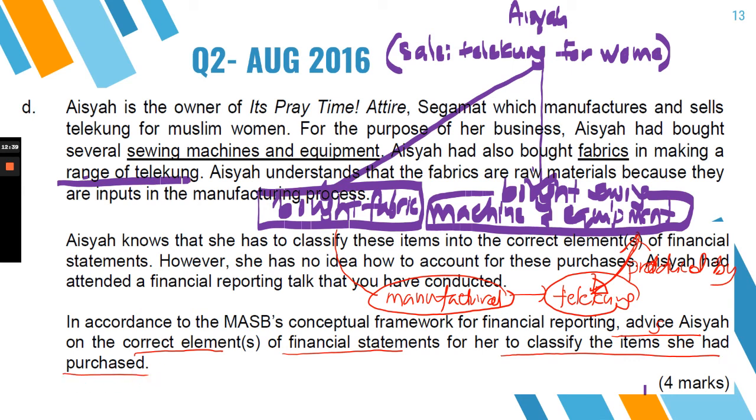She has the fabrics and the sewing machine. Those are the two items, and they need to be classified accordingly. Fabrics are raw materials. The sewing machine is the tangible asset, PPE.